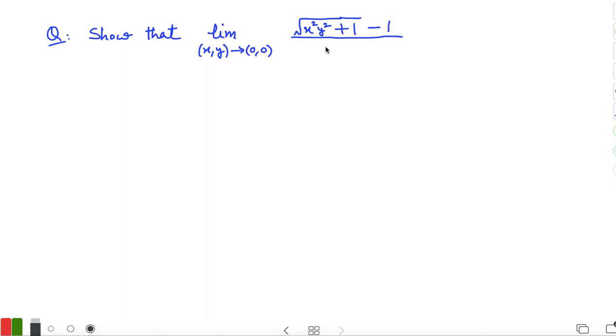Show that the limit as the point (x, y) approaches the origin of the function, which is (square root of x squared y squared plus 1, minus 1) divided by (x squared plus y squared), equals 0.